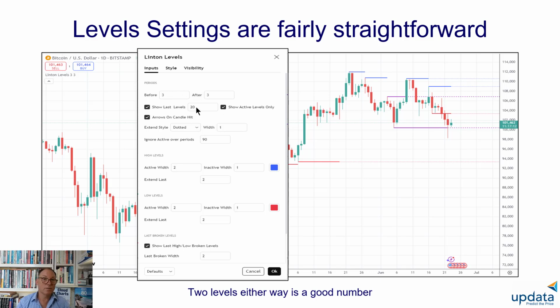You show the last number of levels, and you can also put dotted levels, ignore periods that are over a long time ago, and you can show how many you want to show, and how wide they are, how they extend. So there's lots of configuration. I think really 3 levels either way is about ideal. I've said 2 is quite good, but actually I think 3 is pretty good.